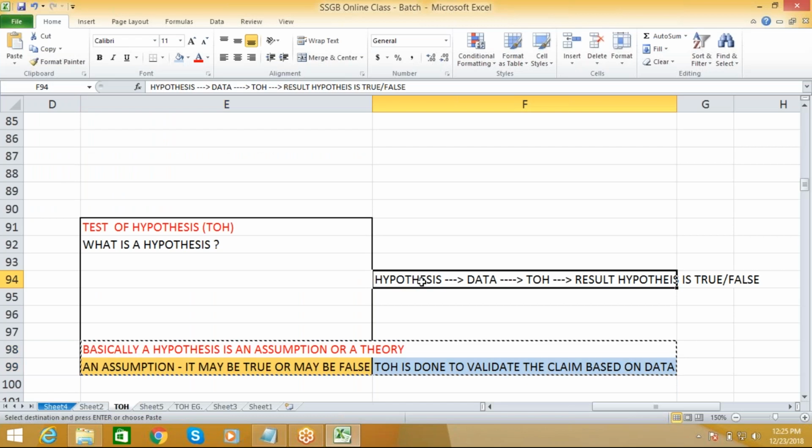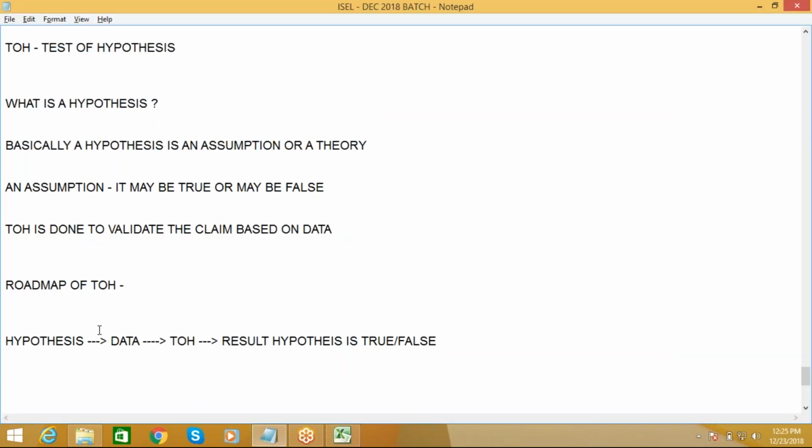First we will have a hypothesis or a claim, and next we will be collecting some data for it. Maybe I can use the pen over here. So first we'll have the hypothesis, then we'll collect some data for it, and then we'll perform the test of hypothesis, and finally we'll interpret the result to tell whether the hypothesis is true or false.